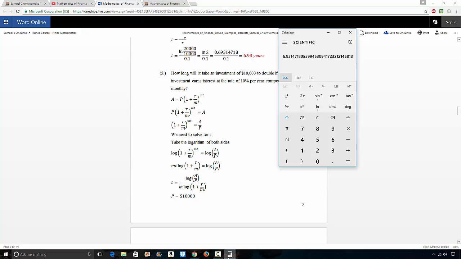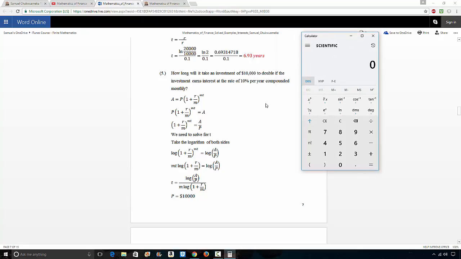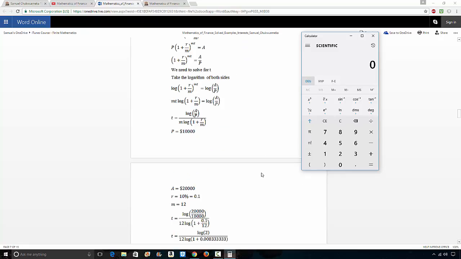So I'm going to pull up the calculator. Let me clear entries. So the principal is $10,000. The amount will be $20,000 because this is to double. So I have log 2 divided by m times log of 1 plus r over m.